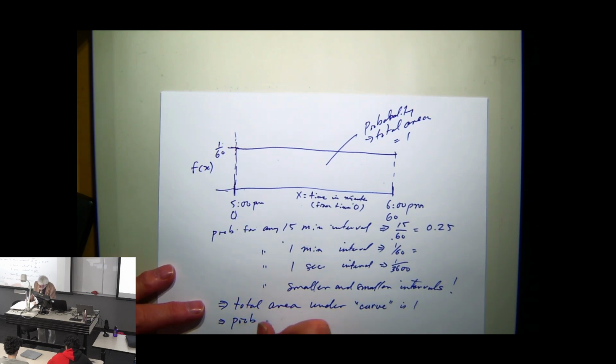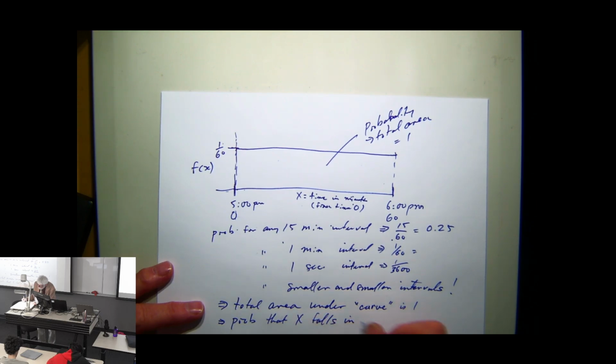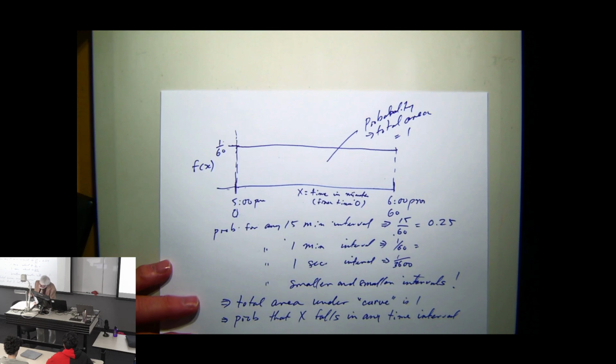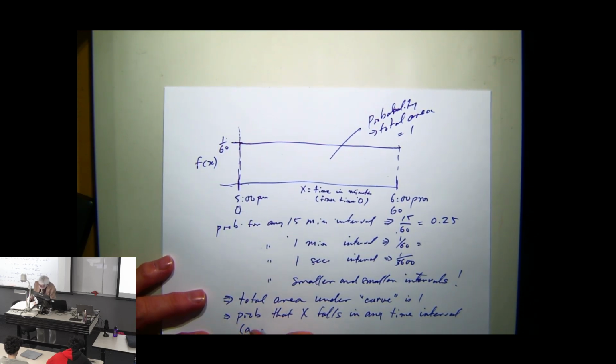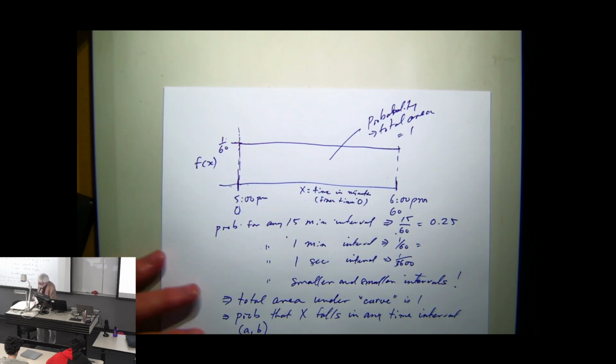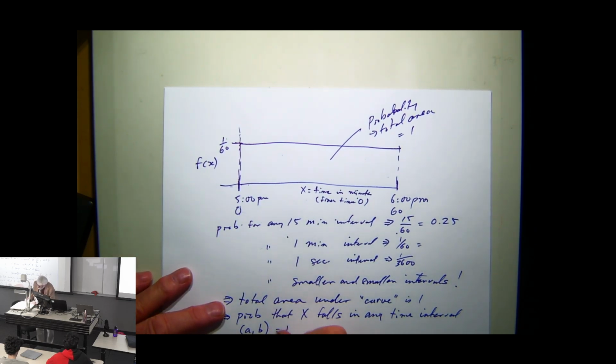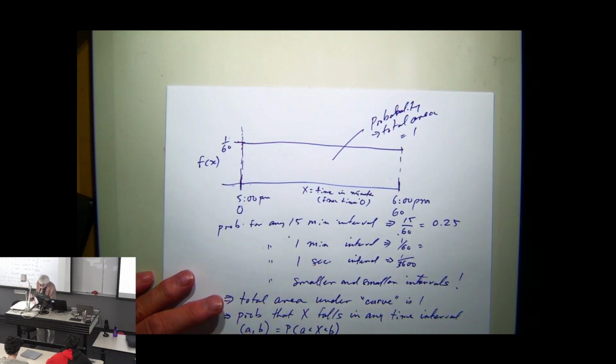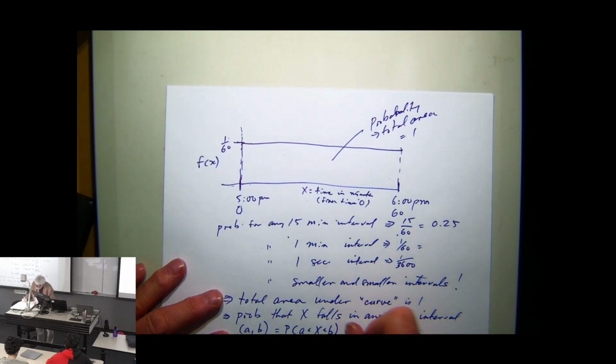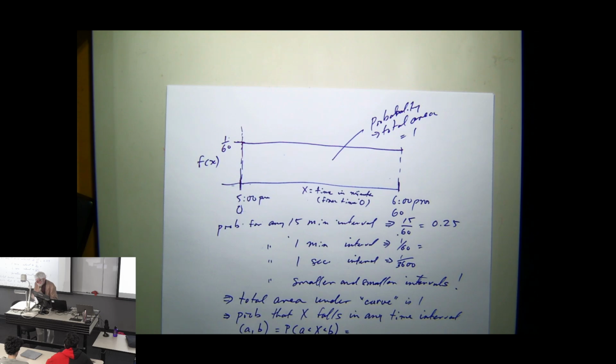The probability that x falls in any time interval, let's call that time interval AB, equals the probability that A is less than X is less than B, is going to be the length of the interval.